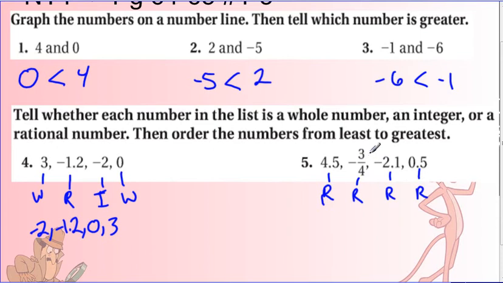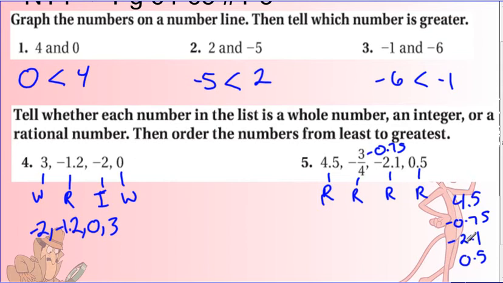-3/4 is a -0.75. So now, if we line them up and down, we get a 4.5, a -0.75, -2.1, and 0.5. So which of these is the smallest? Which one has the most negatives?